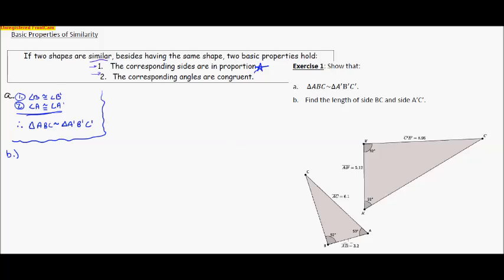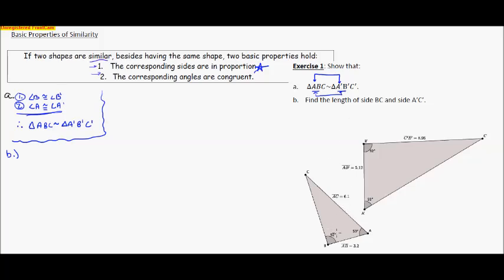Remember yesterday we said that this A was first and this A prime was first because they correspond. Well, that works the same with the sides. AB is the first and second letter, so A prime, B prime, those two sides will match up. AB and A prime, B prime are corresponding.